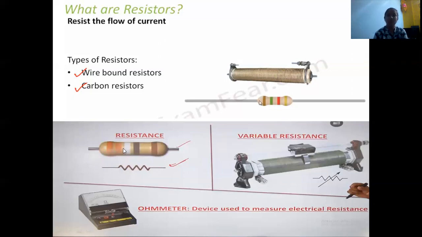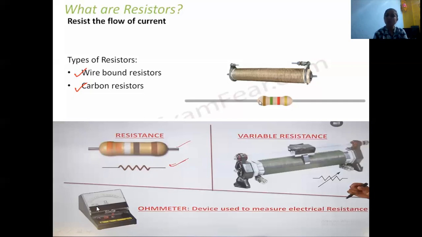So here I have also shown the picture of a resistance, and this is the circuit symbol. We can represent it in a circuit diagram. Here it is a variable resistance, or you can say rheostat, and in a circuit diagram you can represent it this way.